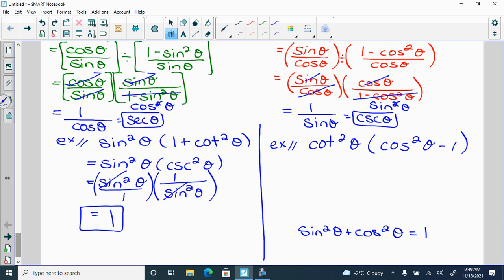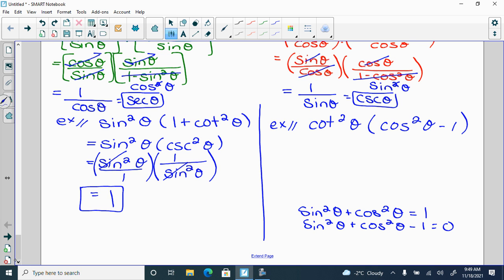I need the 1 to move over here, so I have sine squared theta plus cos squared theta minus 1 equals 0. Then I subtract the sine. I can't replace it with a positive sine squared theta, but I can replace it with negative sine squared theta.